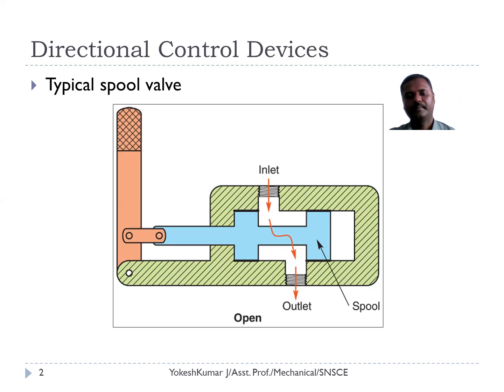So the flow will happen from inlet to outlet. One thing you have to remember, this spool is cylindrical in section. So the flow can be possible from inlet to outlet, even though the spool is moved. There is no restriction in the flow.